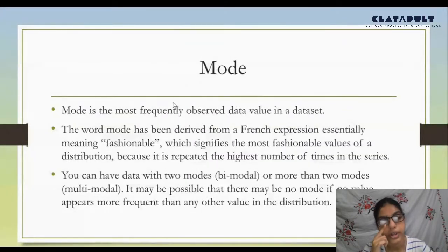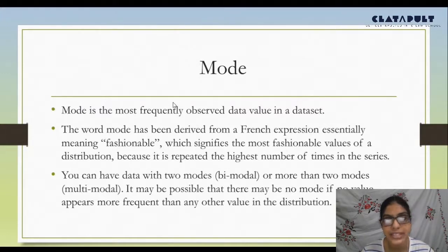What is mode, right? So mode in this situation is the most frequent value or observation that you have in your data set. Say in your data set you have a multiple number of values. The value that occurs the most number of times in that data set is essentially the mode.